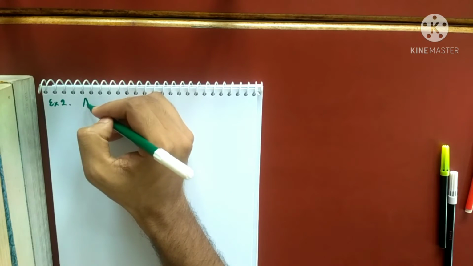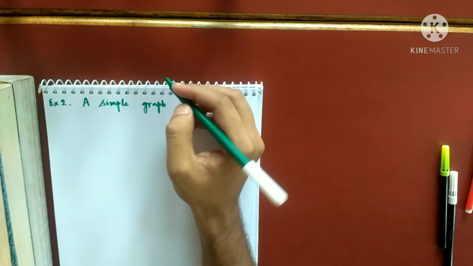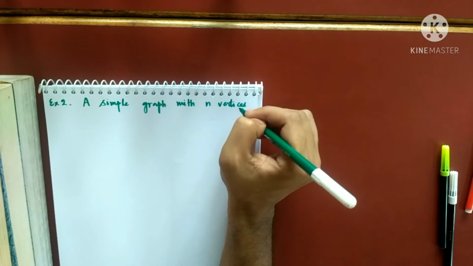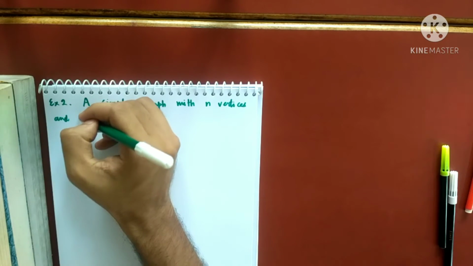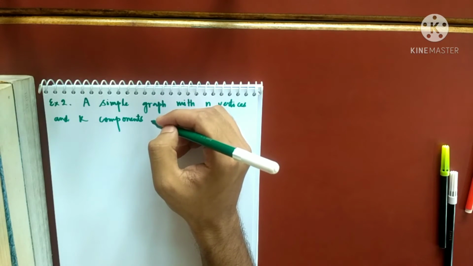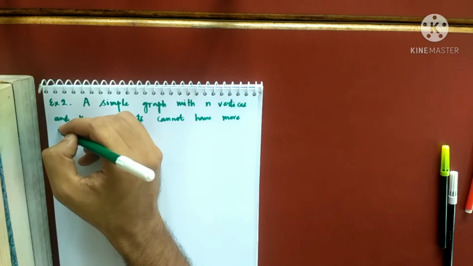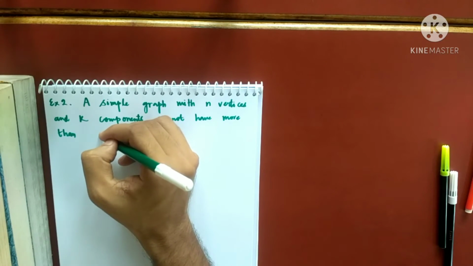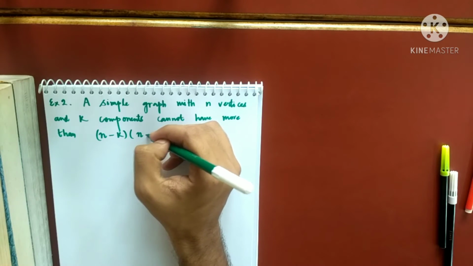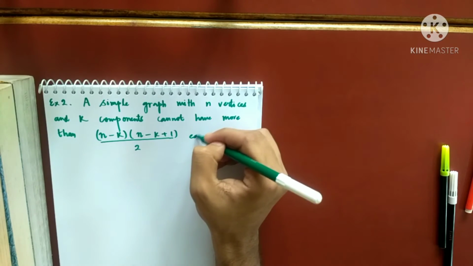A simple graph with n vertices and k components cannot have more than (n minus k)(n minus k plus 1)/2 edges.